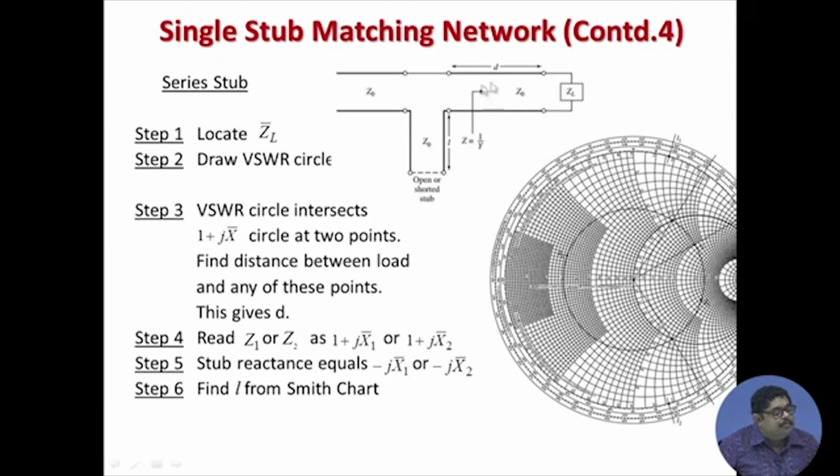So, that D will be different. Changing this is a problem: if the stub position is variable, then you cannot have a single tuner to tune various loads. So, that is the drawback of single stub matching.